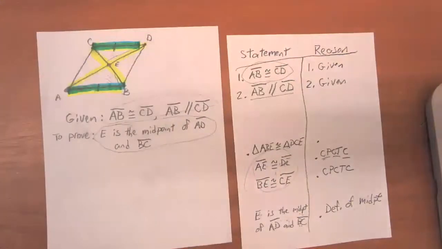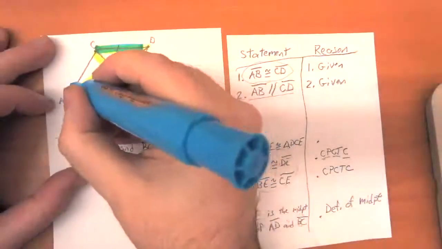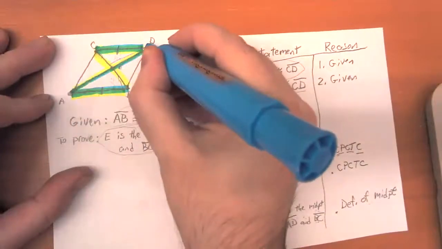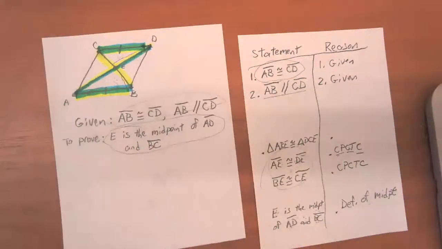So can you see how to make a Z or a backward Z from this diagram by adding one extra line? Well, what if we add this line right there? There's a Z right there.